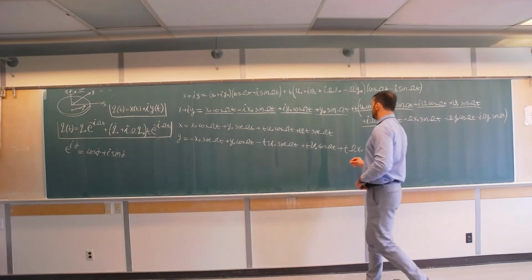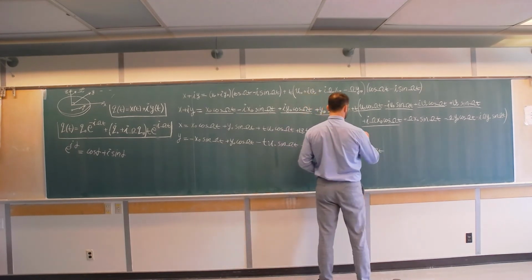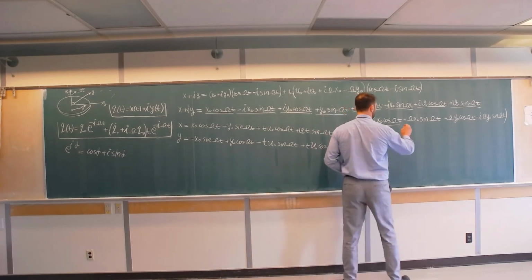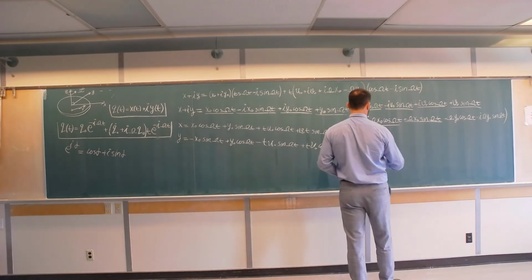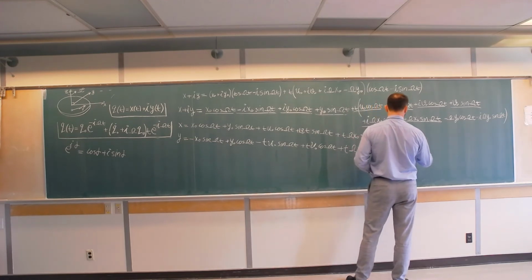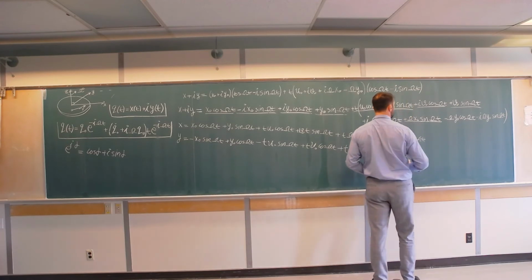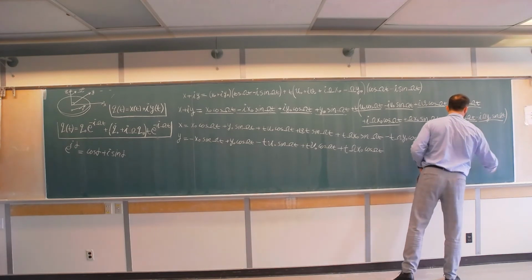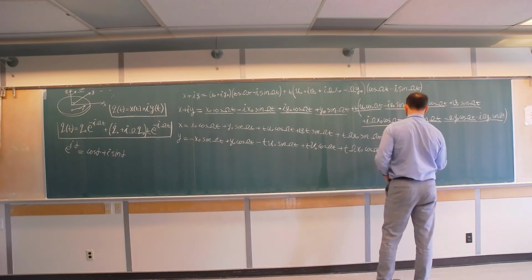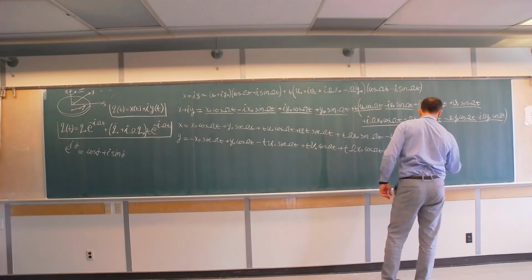Here we have plus t omega x0 sine omega t. This term, minus t omega y0 cosine omega t, this term, and finally this term will be minus t omega y0 sine omega t.